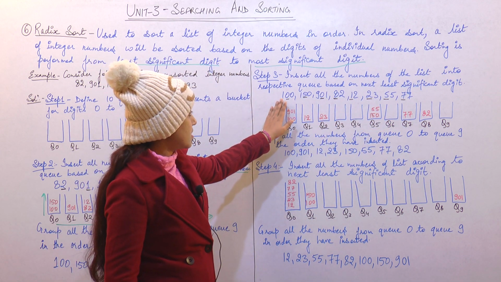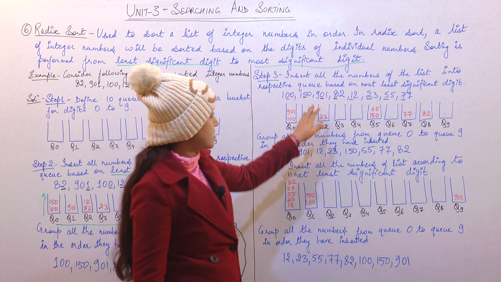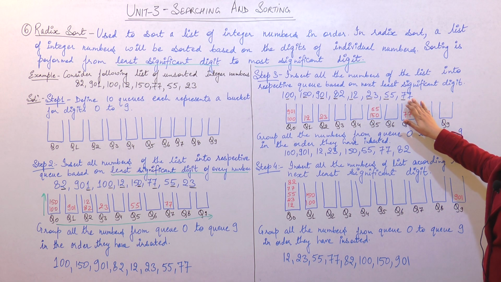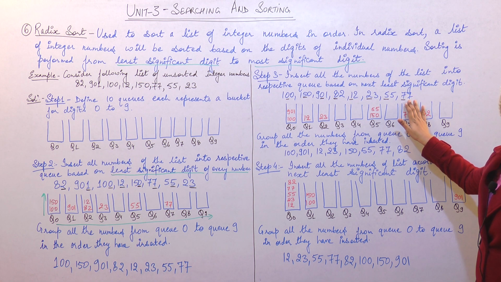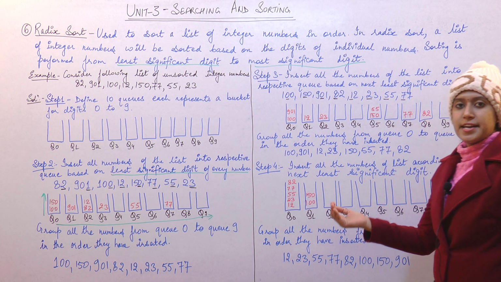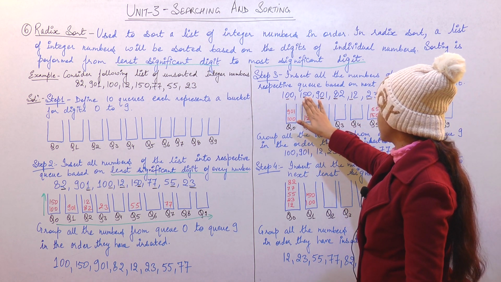Now we will insert all these numbers according to the next least significant digit. In the previous step we took the digit at ones place. Now we are taking the digits at tens place, and we have highlighted them here.